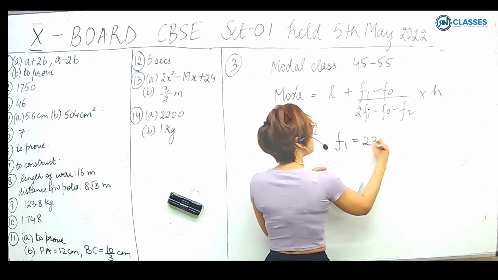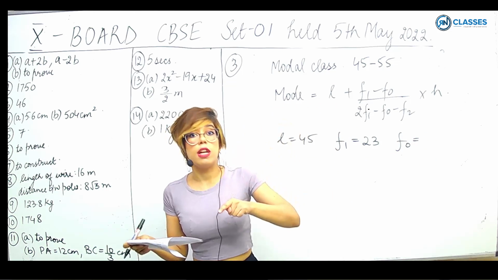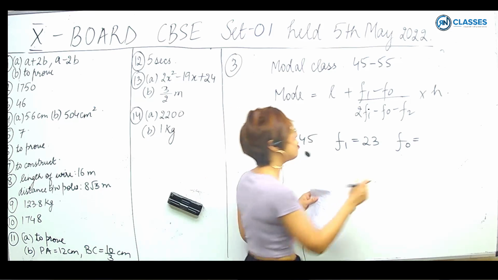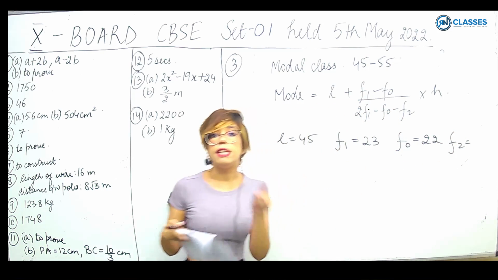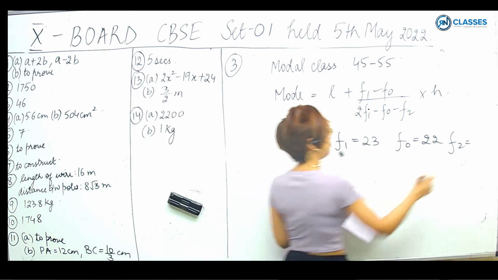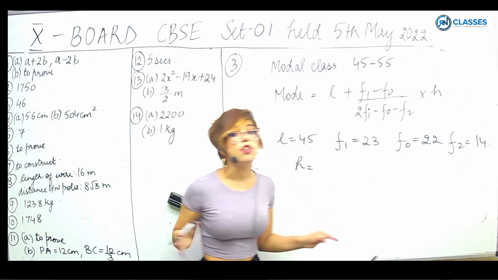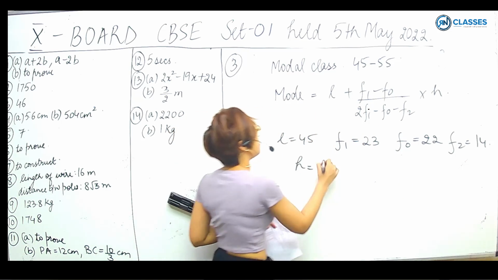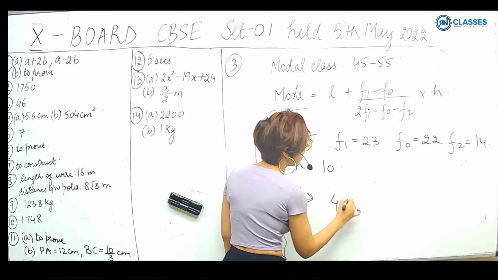F0 is the frequency of the class preceding the modal class, so the preceding one is 22, careful. And F2 is the frequency of the class succeeding the modal class, so the succeeding frequency is 14. And H is the class size of the modal class, which is 10. Just substitute the values, you will get mode as 46.